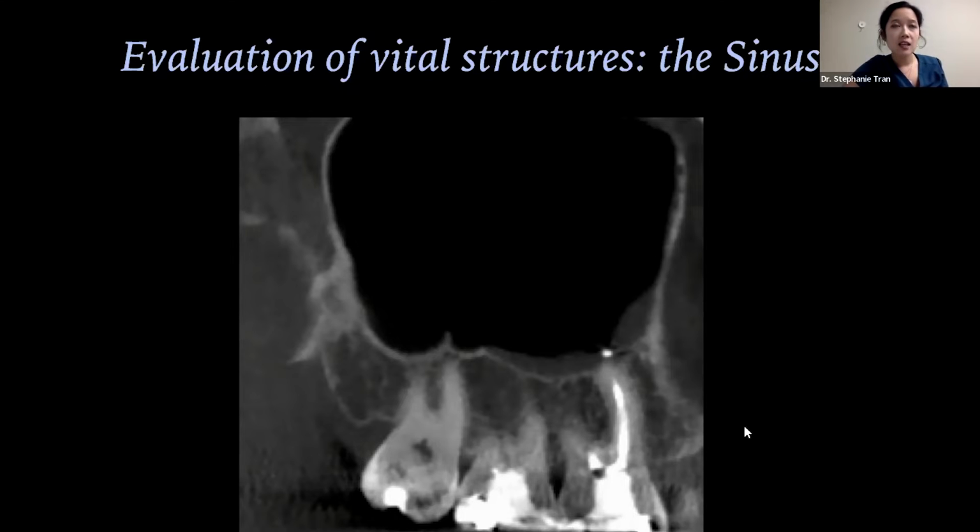Sinus inflammation, or sinusitis, can actually cause symptoms that feel a lot like tooth pain. So I always ask patients how their sinuses have been feeling and whether they have a history of sinus issues, because sinus problems can feel like tooth problems, and tooth problems can often feel like sinus problems. These are some things to keep in mind when we're making that diagnosis.